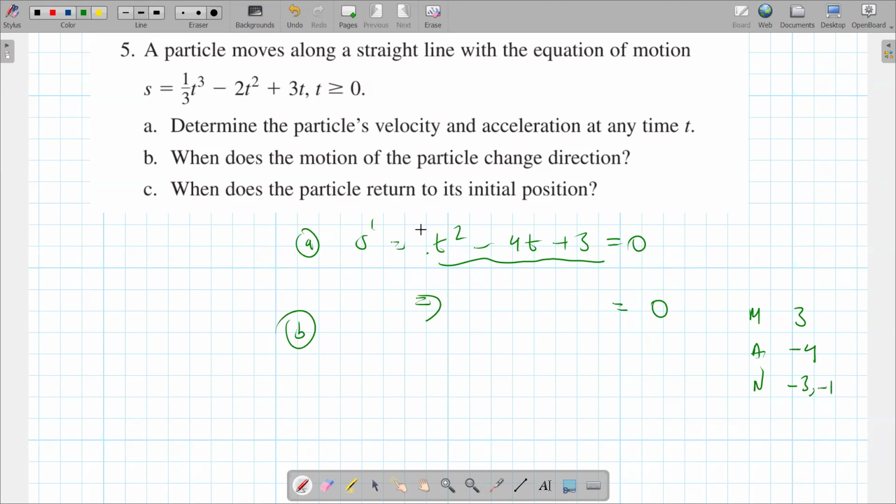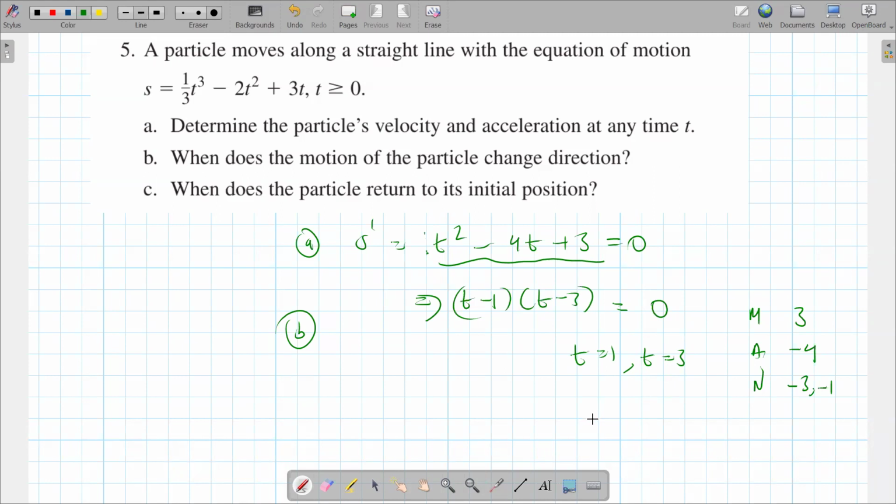So again, if the coefficient a is 1, you can write this as t minus 1, t minus 3. So t equals 1, t equals 3. At 1 and 3 seconds, there are turning points, and that's where it will change direction.